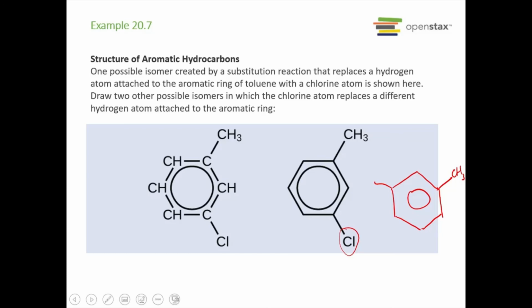If we were to just rotate this around, we'd get the same thing. So we could put one here. So there's one possibility. There are actually specific names, fun fact, for these positions. And then the other place would have to be straight across from the CH3. So there are our two other isomers.